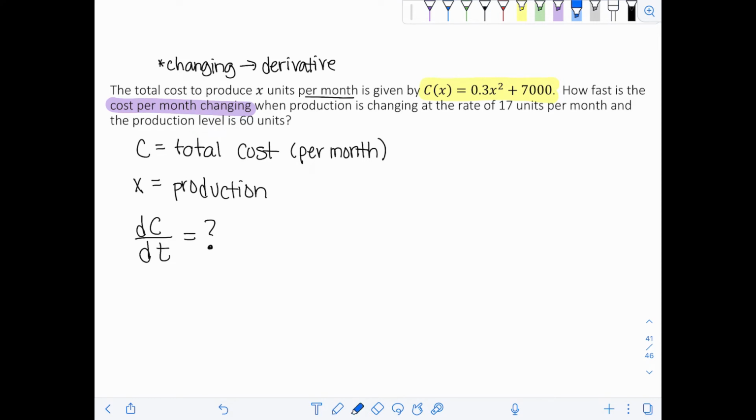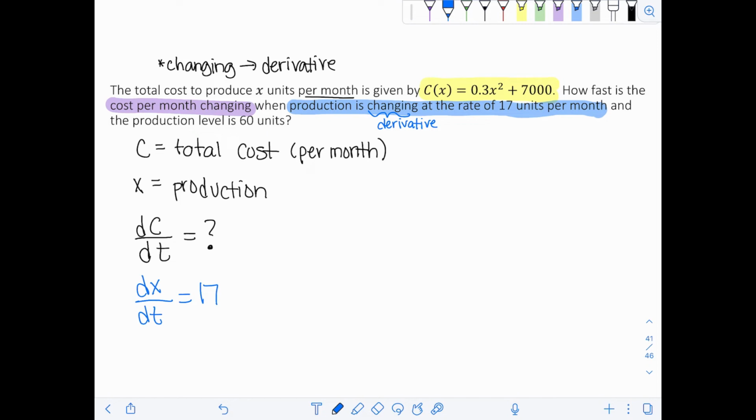So the next thing we have is when the production is changing at the rate of 17 units per month. So this is actually telling us information about production, but not production, how it's changing. So that means, again, derivative. Since production was x, this is telling us that dx/dt is equal to 17.